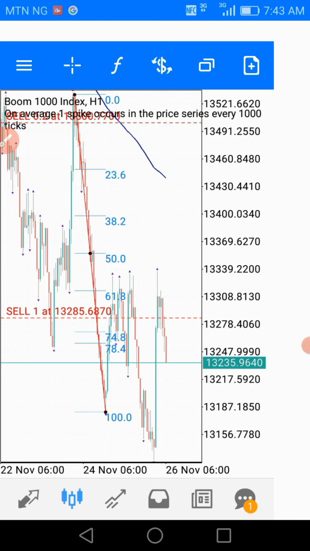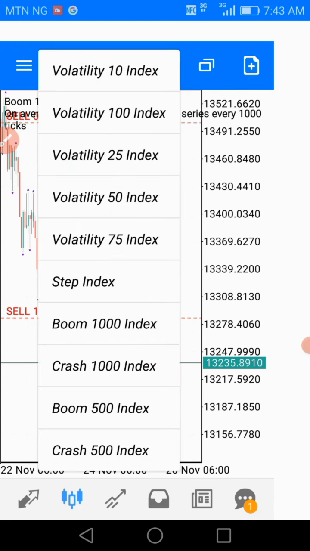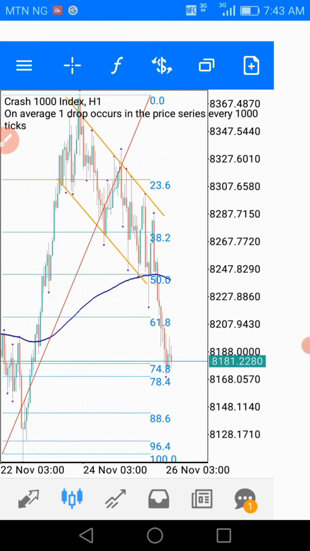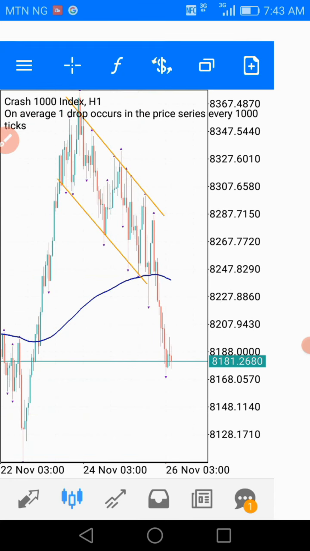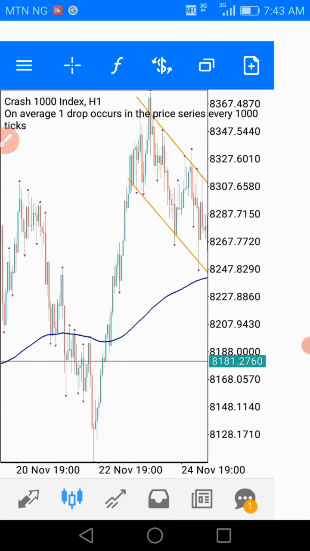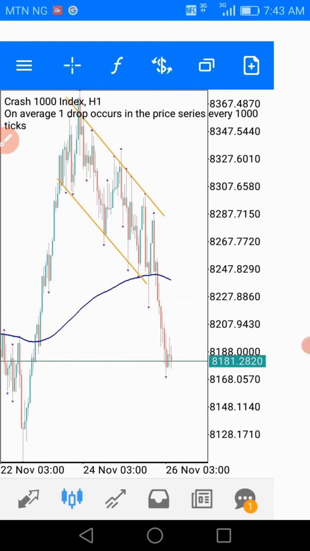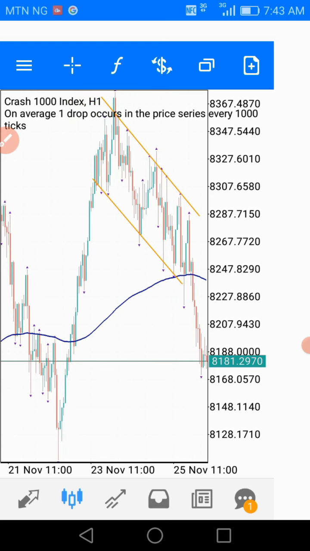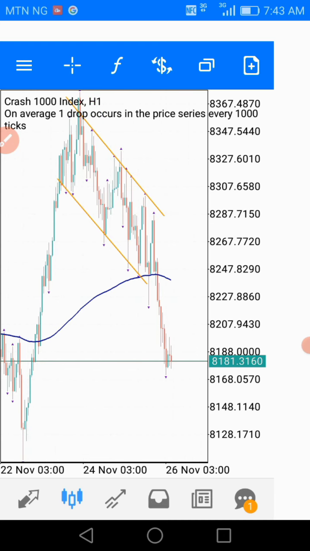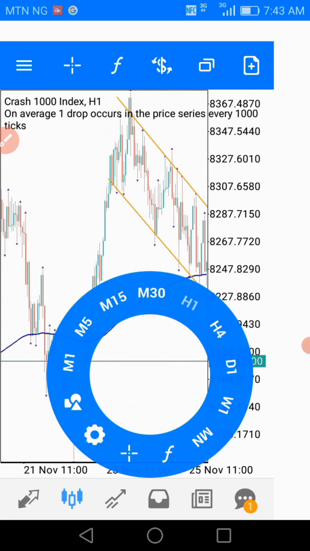Now, let me even demonstrate it on crash. Okay, let's do it this way. I'm going to delete this. It's going to be a very good market.